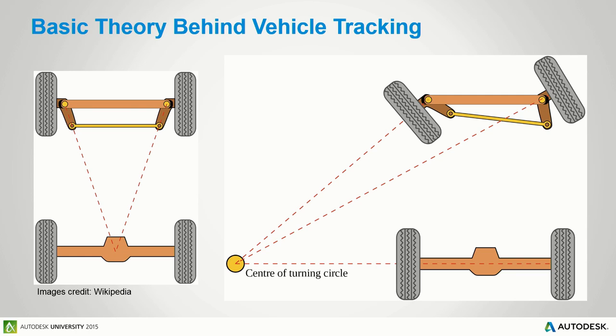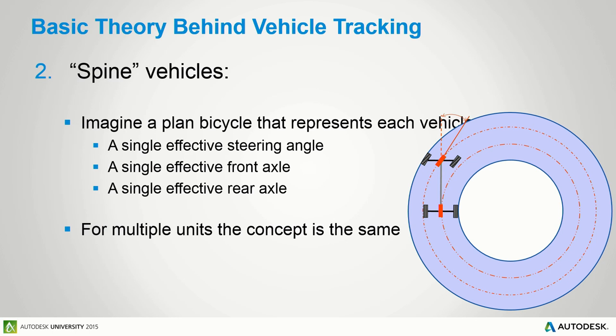Basically, you have inner and outer wheel, and you have to solve the issue that these wheels are not sliding. And within vehicle tracking, in fact, we are creating what we call a spine vehicle.